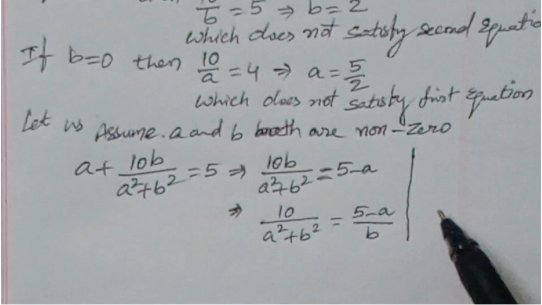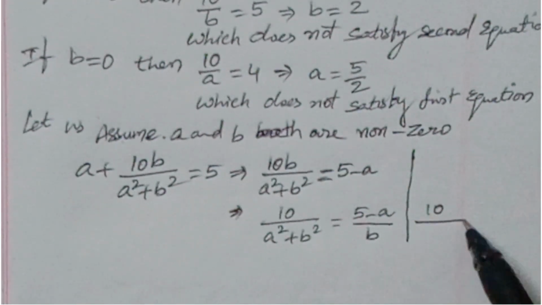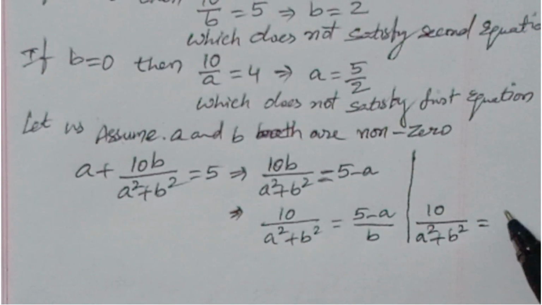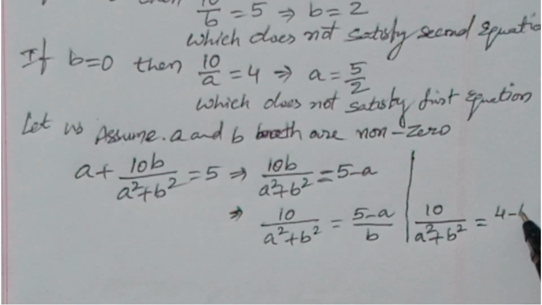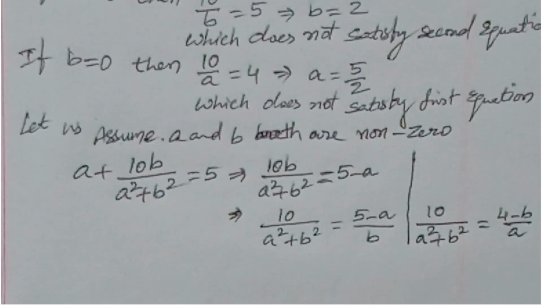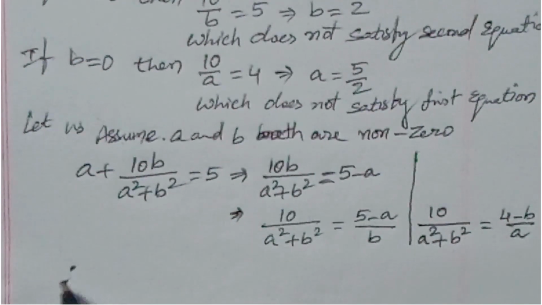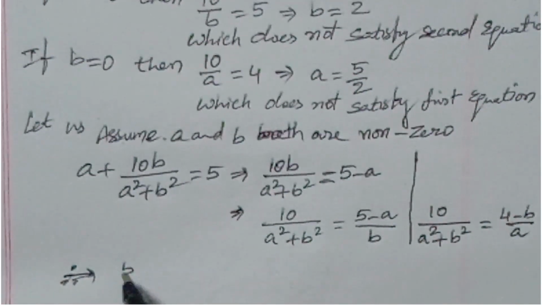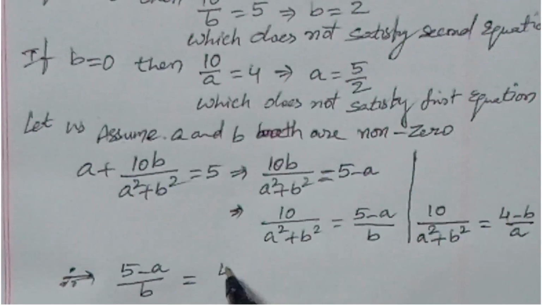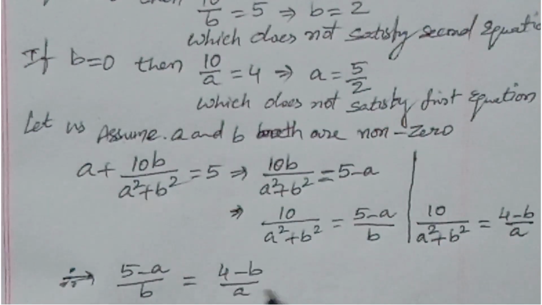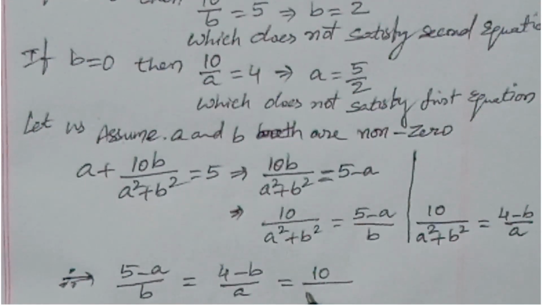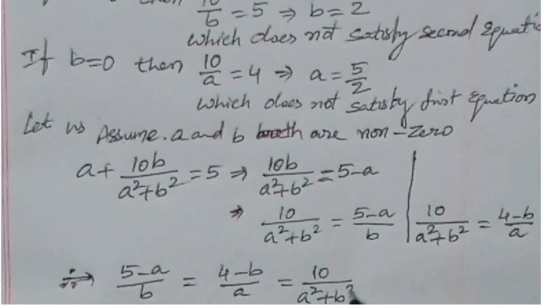Similarly, you can write the second one, 10/(a² + b²) is equal to (4 minus b)/a. From both of these you can write (5 minus a)/b is equal to (4 minus b)/a is equal to 10/(a² + b²).